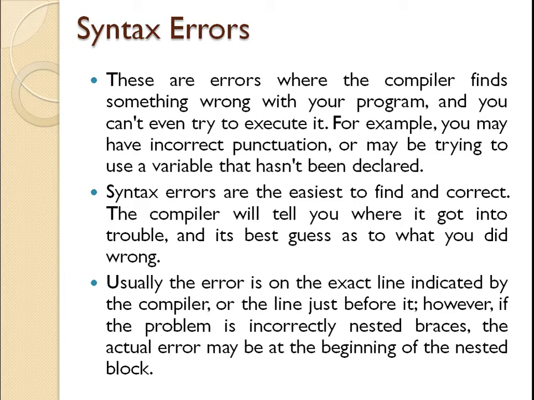Sometimes it can be in the line just before it, or in a statement 2-3 statements before it. So mostly it is on the same line, but it can be in the lines before it. So you must see the lines before it also.